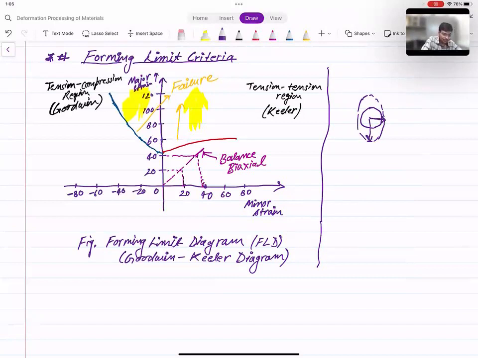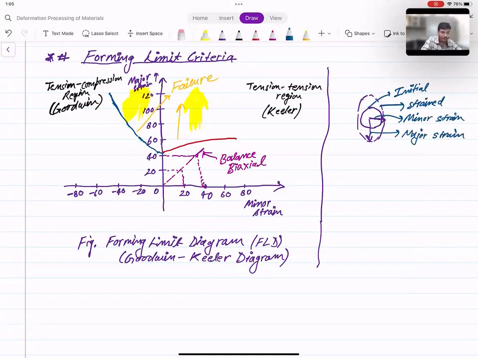So this was the initial shape, and this one is the strained state, and here this is say minor strain, and here it is used for measuring the major strain.